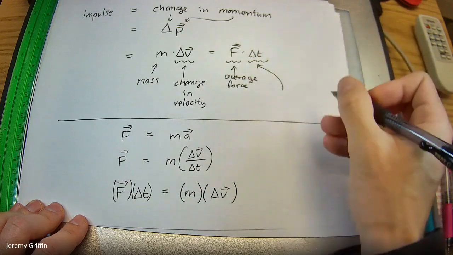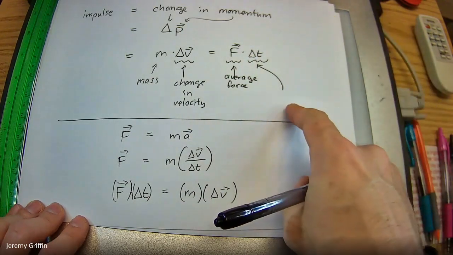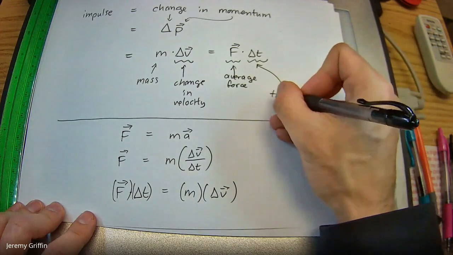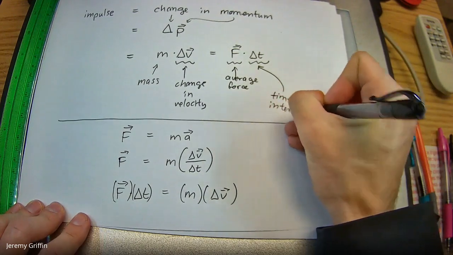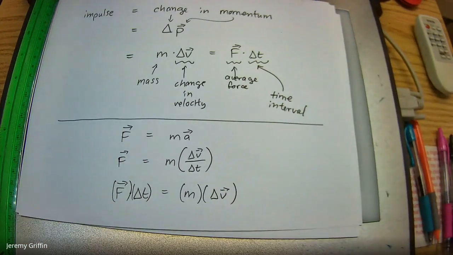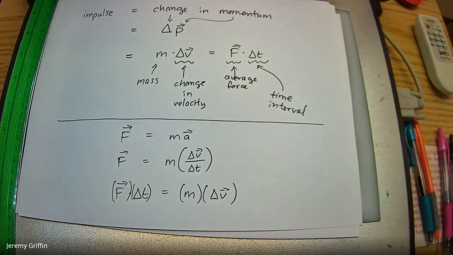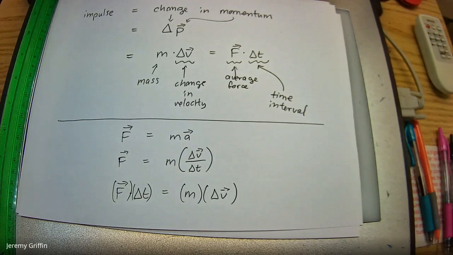You guys will see, I'm about to make a graph for you. And then delta t is the time interval that force acts for. So if you apply an average force for some time interval, it's going to cause an object of some constant mass to change its velocity by some amount. Okay, that's impulse.